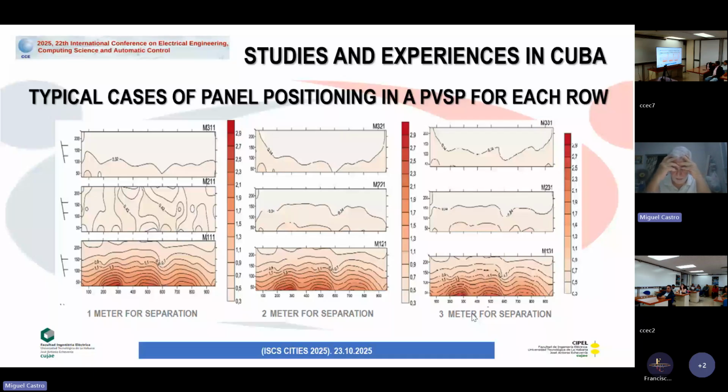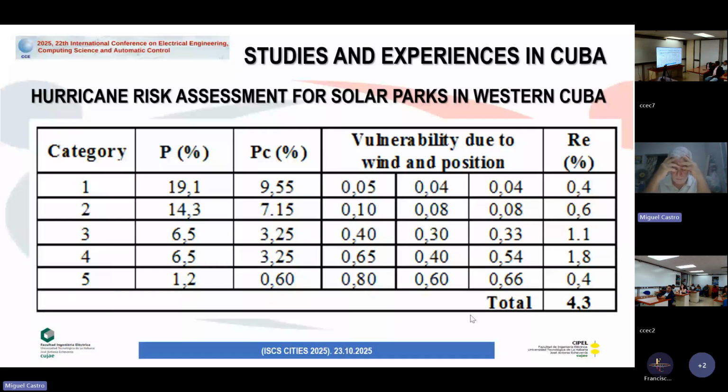Another study, in this case to evaluate the possible risk for the PV systems located in the western part of Cuba, which coincides with the region where most hurricanes pass, was carried out. To estimate the level of risk, the general risk equation was used, where the risk is expressed as the product of the probability of occurrence of hurricanes of different categories by the vulnerability to the force of the wind corresponding to each of them.